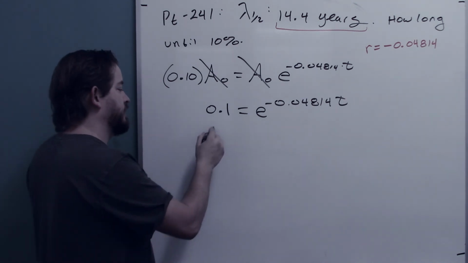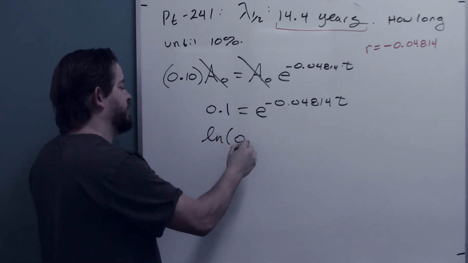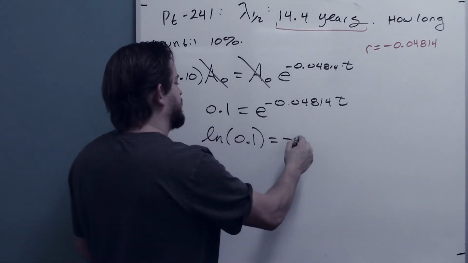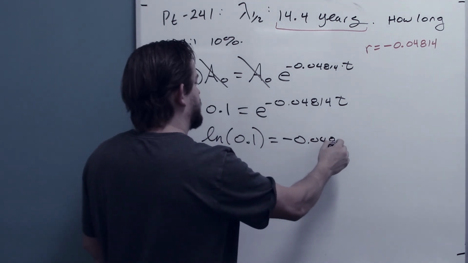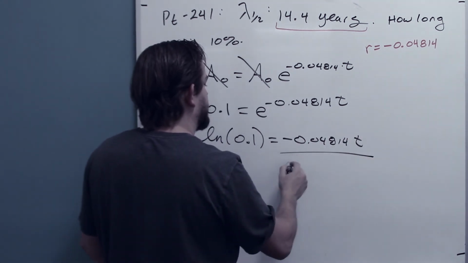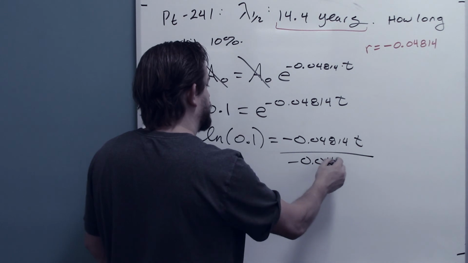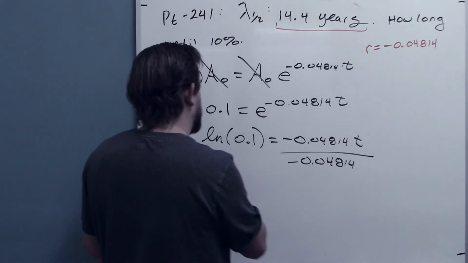Again, I don't care how much I started with, 10% still ends up just being 0.1. Rewrite this as a natural log. I get the natural log of 0.1 is equal to negative 0.04814t, and then divide each side by negative 0.04814.